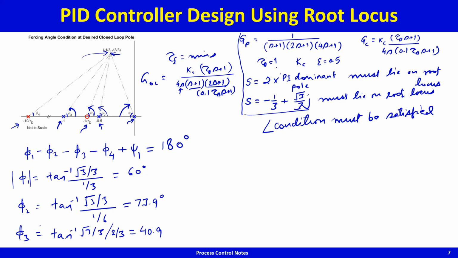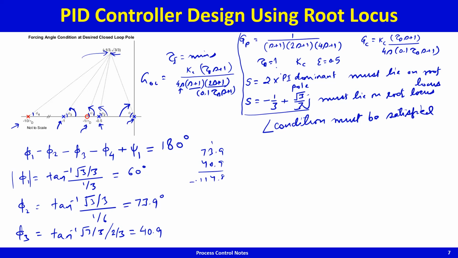or phi 1 minus phi 2 minus phi 3, do this now. 73.9 plus 40.9, how much is that? 9 9 is 18, 1 4 7 4 11, okay.